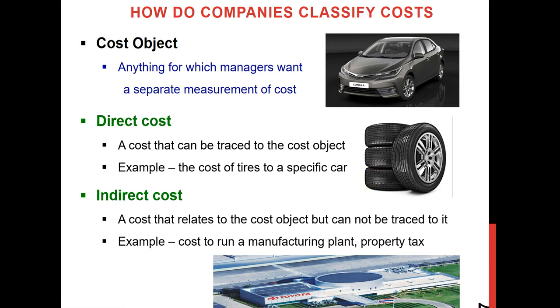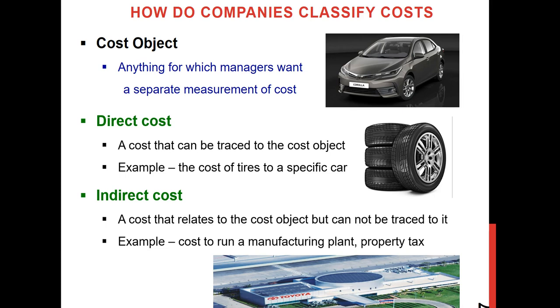On the other hand, there are several types of costs that are involved in a production process, but it is difficult to identify those. For example, of course, the Toyota company pays their utility bills, they pay their property tax, and they have all those huge equipment. They calculate their depreciation expense.